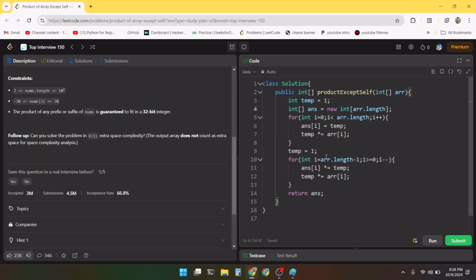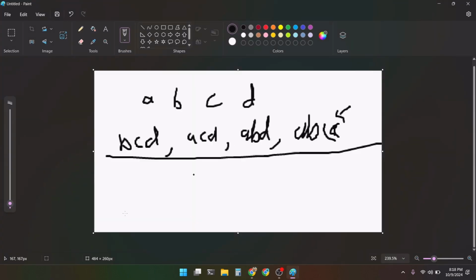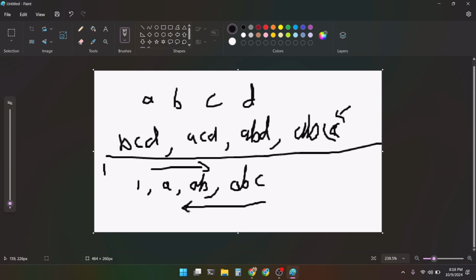The approach I formulated is that the first for loop basically does this: temp is 1, save 1, then add a, then a b, then a b c, going in this direction. And my second for loop goes from the other direction, doing this.